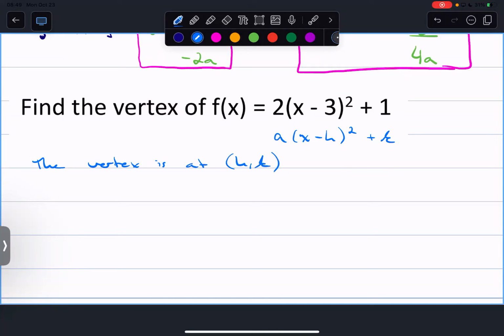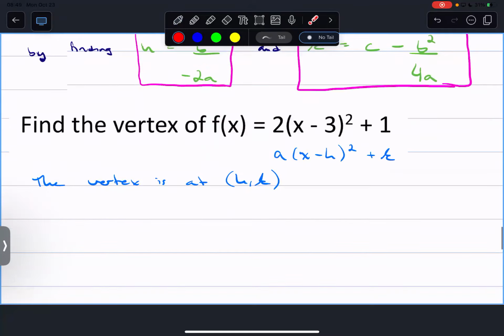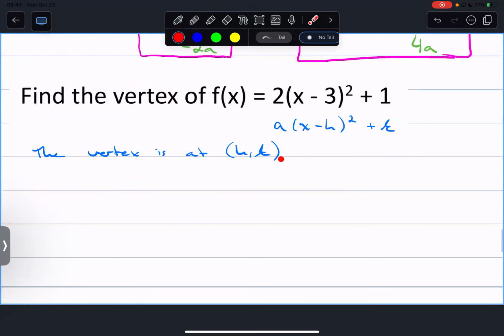That's just a fact. You can just grab the h and the k. And that's why we wanted to find h and k from the more complicated version, right? Let's just remember that you need to have a negative here. So if there's a positive, then the h is negative, right?